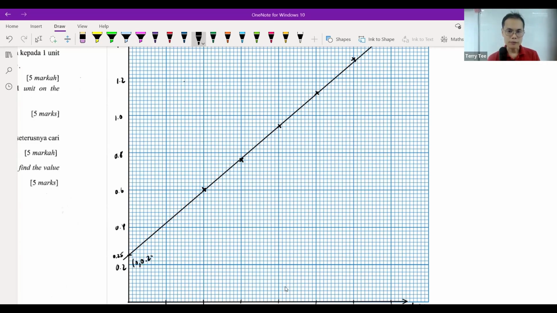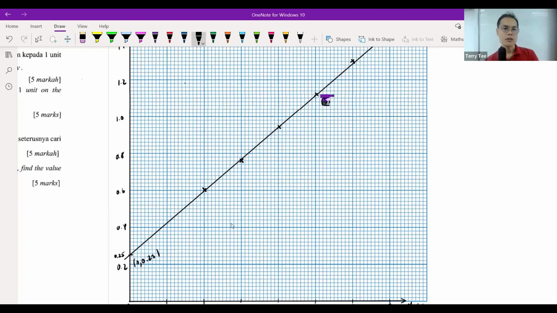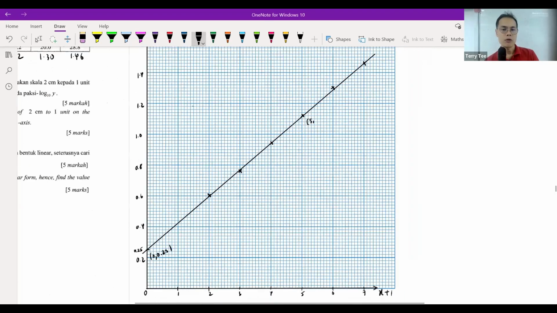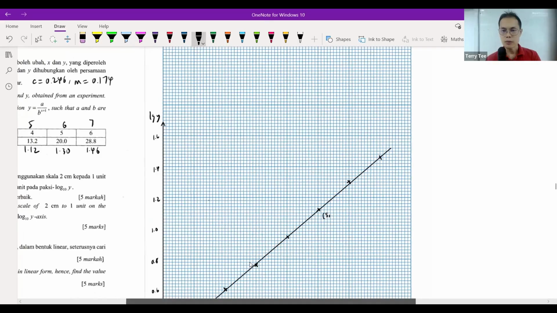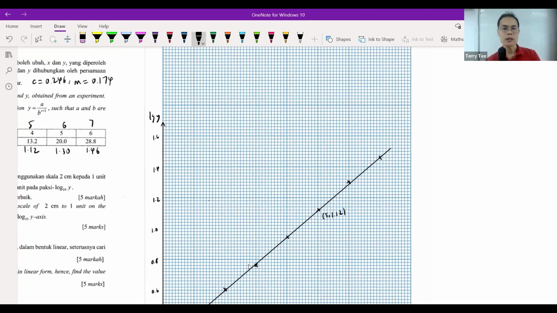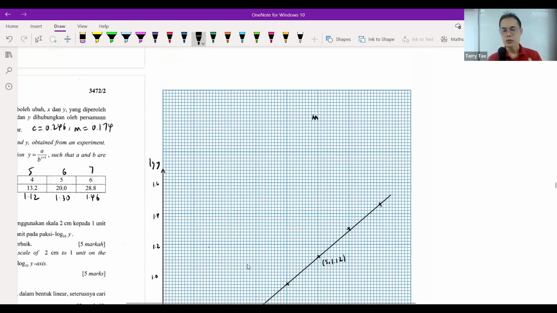Count 5 boxes across, and you see it passes through the same point, 1.12. So I can calculate my gradient: 1.12 minus 0.25, divided by 5 minus 0.